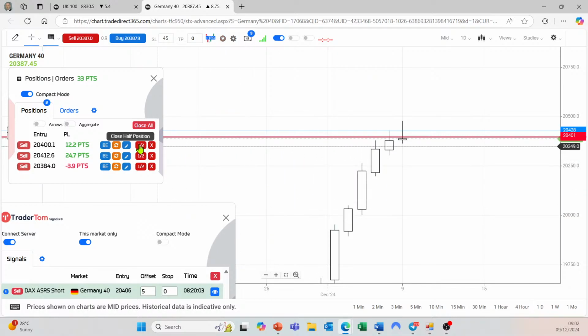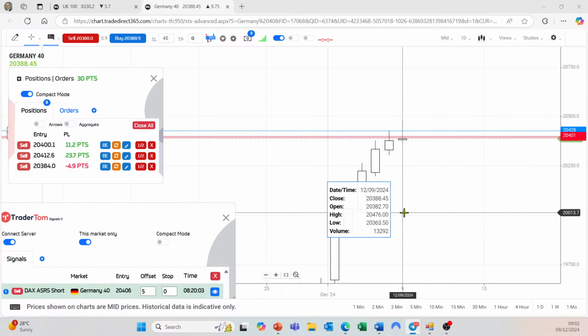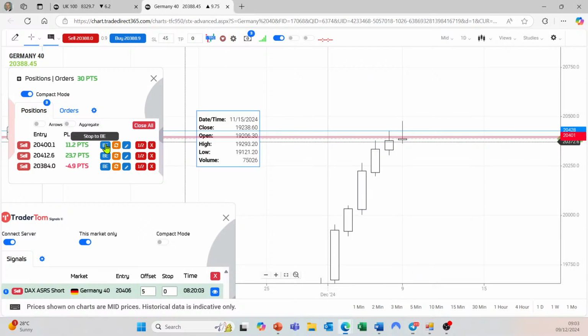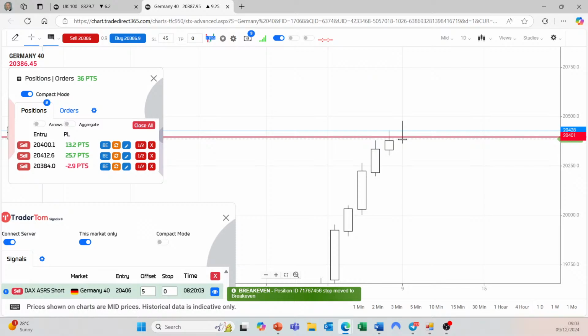I'm closing half my DAX here at 87, just because it's so quiet. And then I'm moving a stop loss to 400.